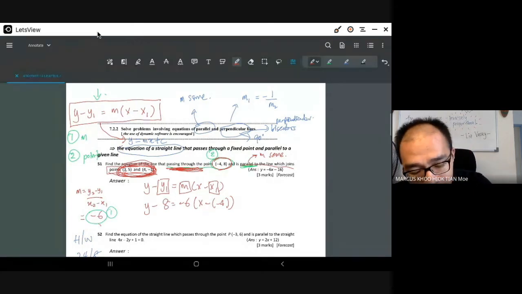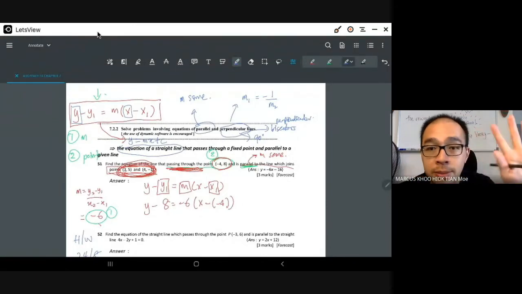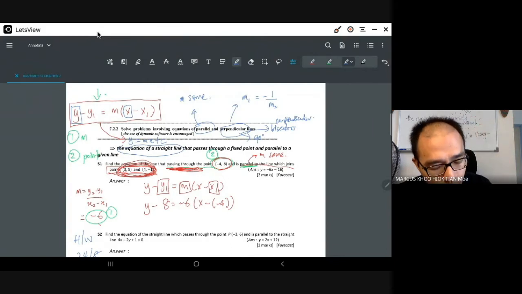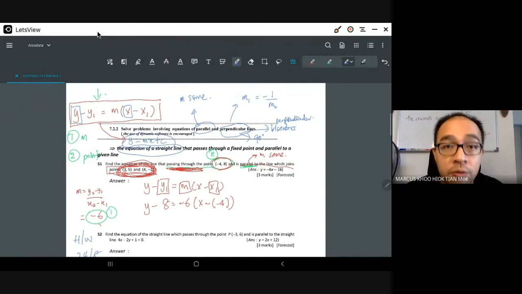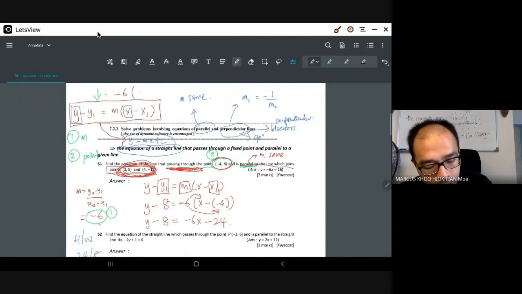Which means, ladies and gentlemen, this y and this x, we don't substitute anything, because we want the answer to be y equals mx plus c, so there must be a y and an x over there. Let's simplify this. y minus 8 equals -6x, and this one multiplied inside gives -24. If you don't know how, this is negative 6 times minus 4, which gives negative 24.